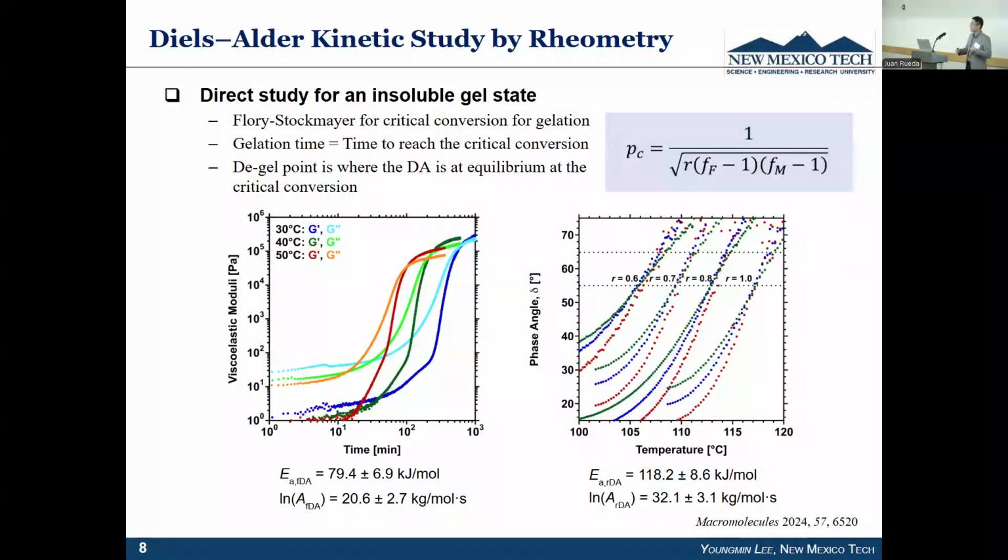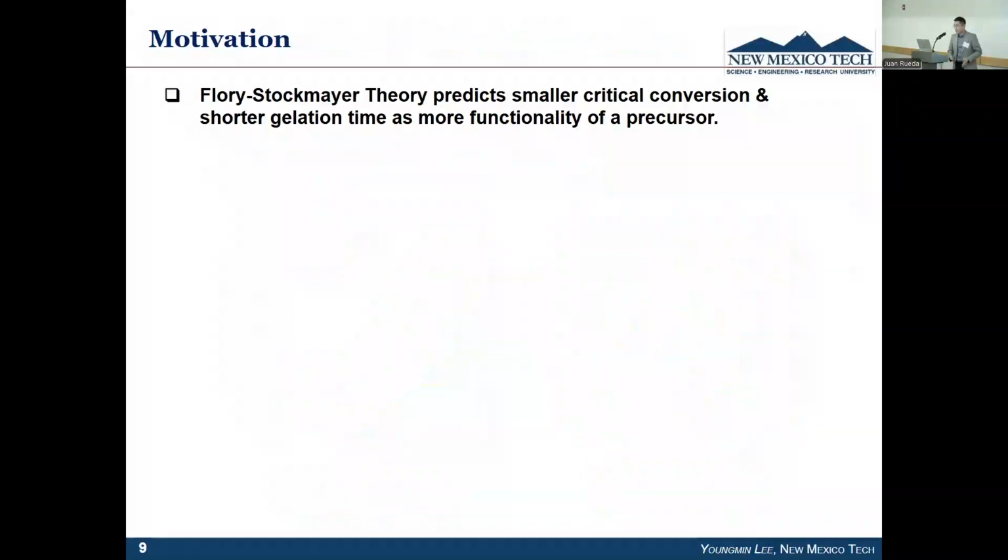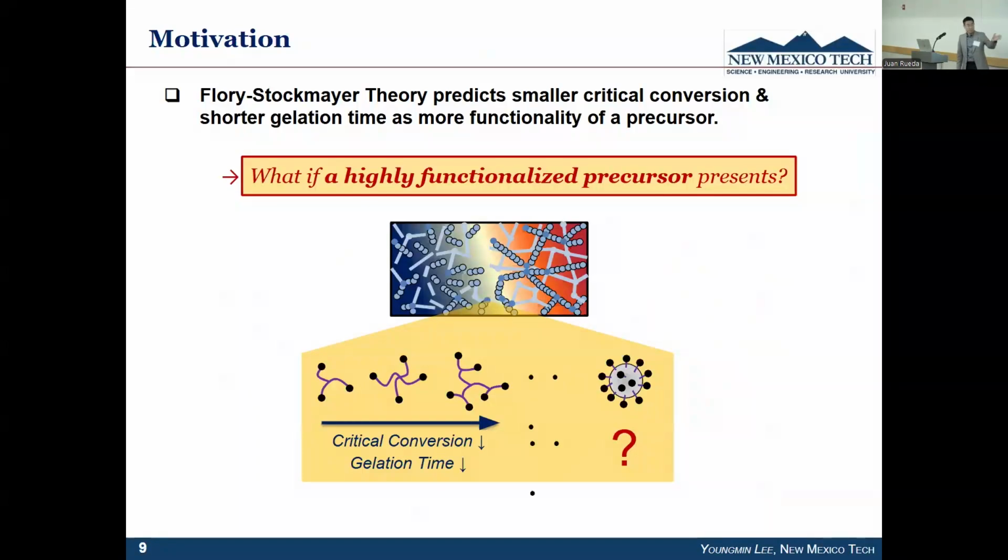That means we can get the network structure in an early stage of reaction. Then, how much can we increase the functionality, and how far can we decrease this critical conversion? So for that, I want to increase the functionality to an extreme and study their reaction kinetic.